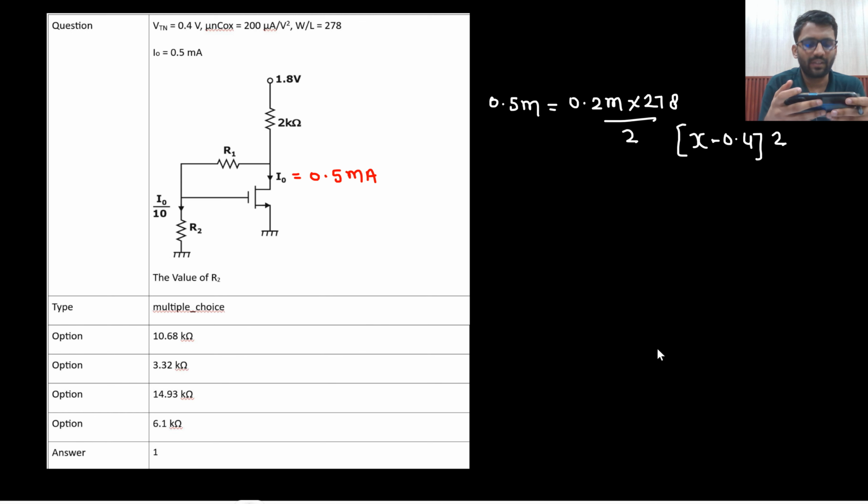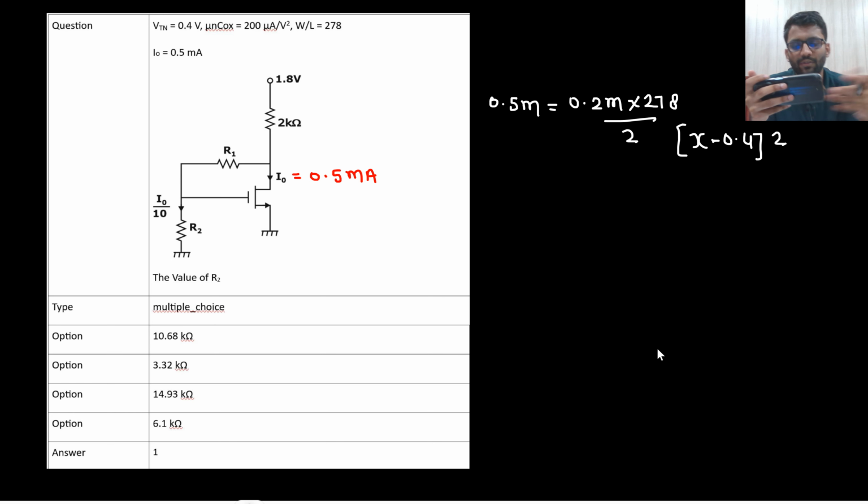0.5 by 278. Okay, not 0.5. This will be 5 only. 5 by 278. Sorry. 5 by 278, under root, plus 0.4.